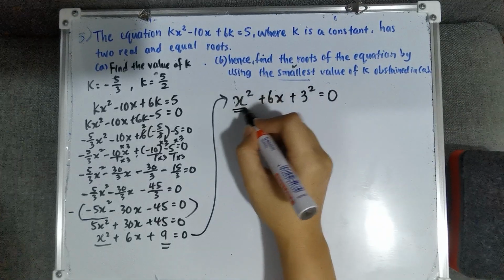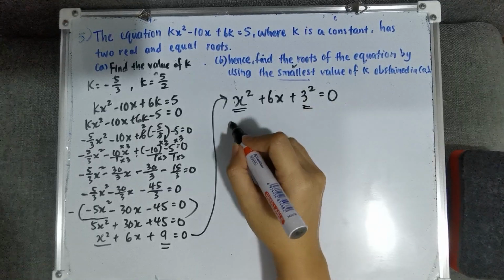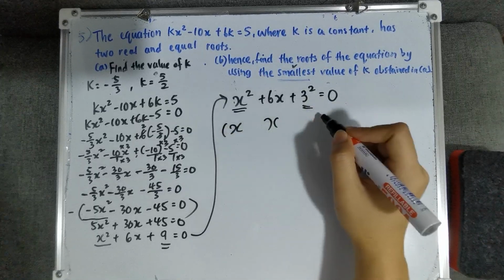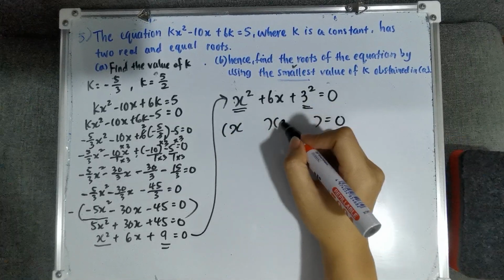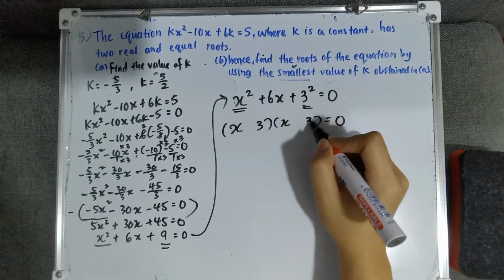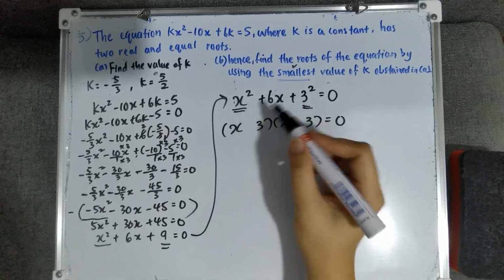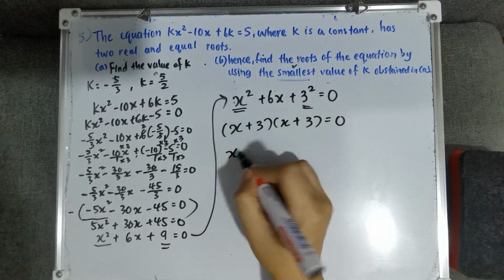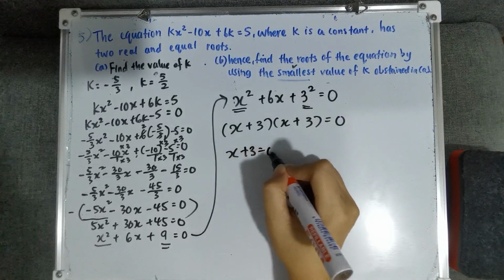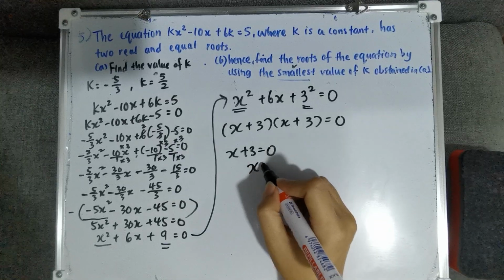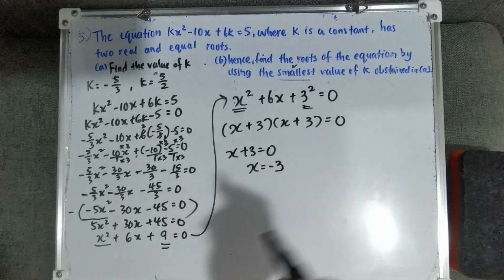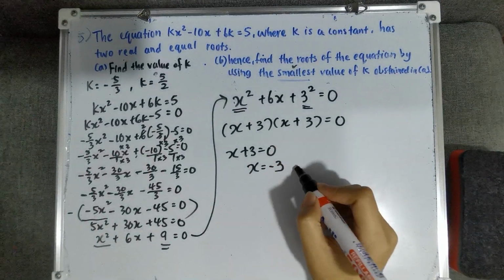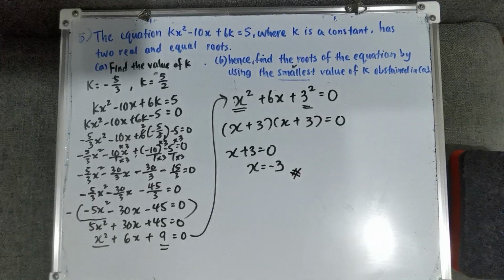Therefore, we take the first and the last. Since everything is positive, so we just put positive. Then again, x plus 3 equals to 0. x equals to negative 3. So the root is negative 3.